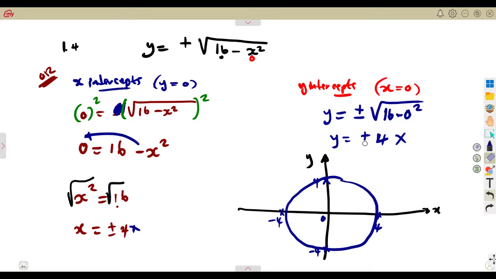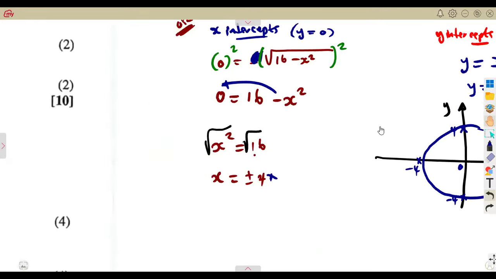If y is limited to a plus, we cannot have a complete circle because y is no longer in the negative. We are now having a half circle. So you must consider what is given there. But in this case, it was a plus or minus, meaning whatever you're having there is a complete circle.